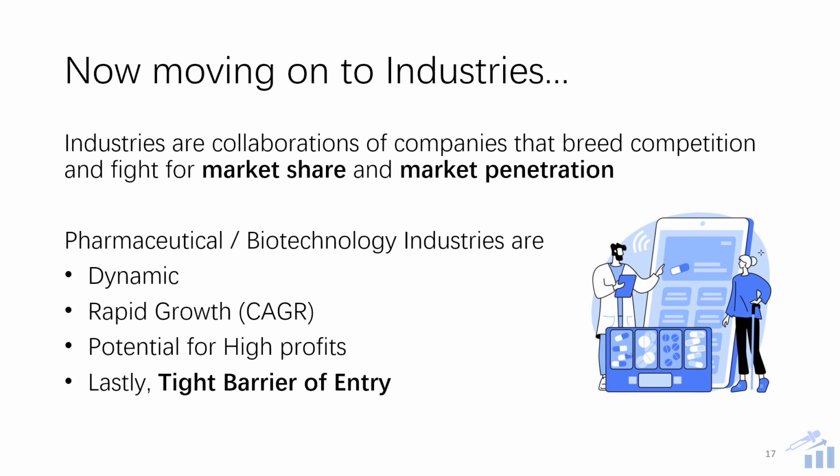What about industries? Well, industries, especially in the pharmaceutical and biotechnology area, are both collaborative and competitive at the same time. So while companies will collaborate, they will also, of course, be in direct competition with one another. So startups have to navigate this push and pull dynamic environment to succeed in these highly potential but challenging industries.